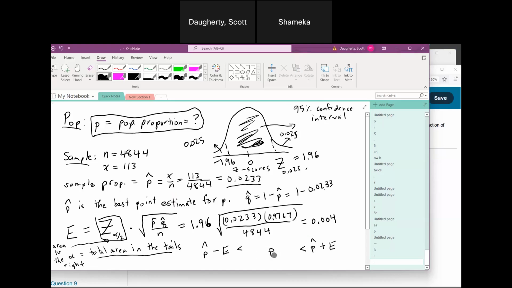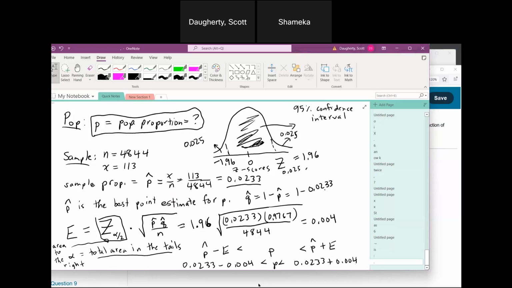That's going to be our confidence interval for the real p. So it's our estimate for p as an interval. So p is in the middle. p hat is this number here minus the margin of error, and on the other side we take p hat and add the margin of error. That'll be your high number in the interval. This will be your low number.